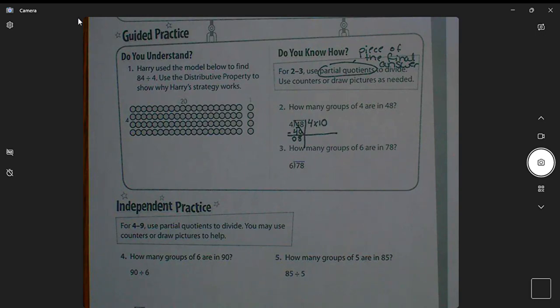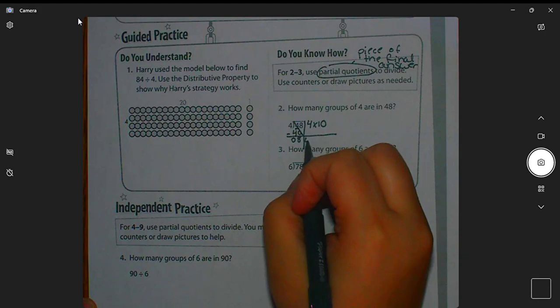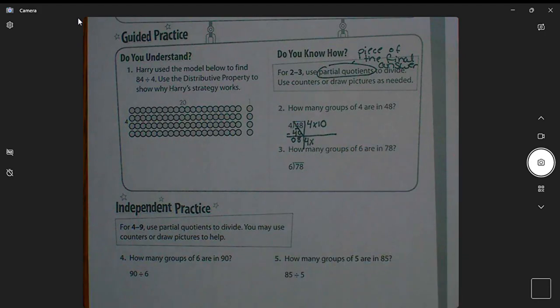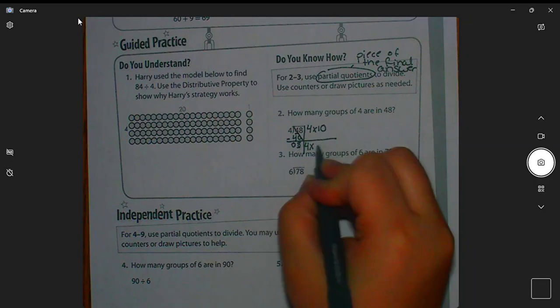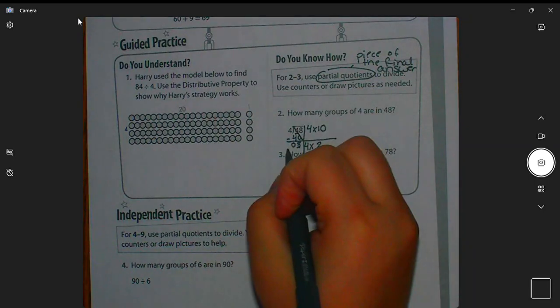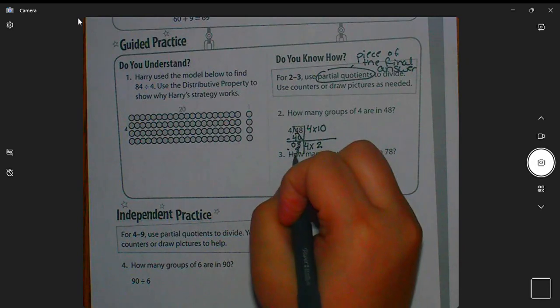So I can say 4 times, how many 4s can I get into the number 8? You're right, 2. And because 8 is in the ones place, it is just 2. So 8 minus 8 equals 0.